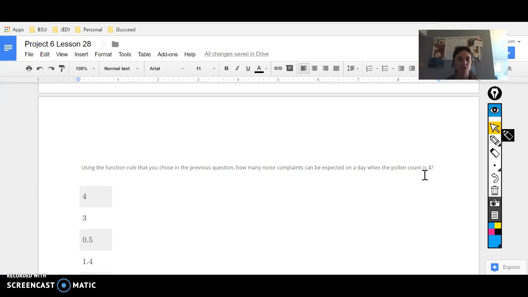And that question is, using the function rule that you chose in the previous question, how many noise complaints can be expected on a day when the pollen count is 4? Well, I'm betting it's 4 because we already found that there's a point on that line at 4 and 4, but let's just plug it in to make sure. So what they're asking, given that line, y equals 1/4 x plus 3, if I plug in x for my pollen count, what is y?